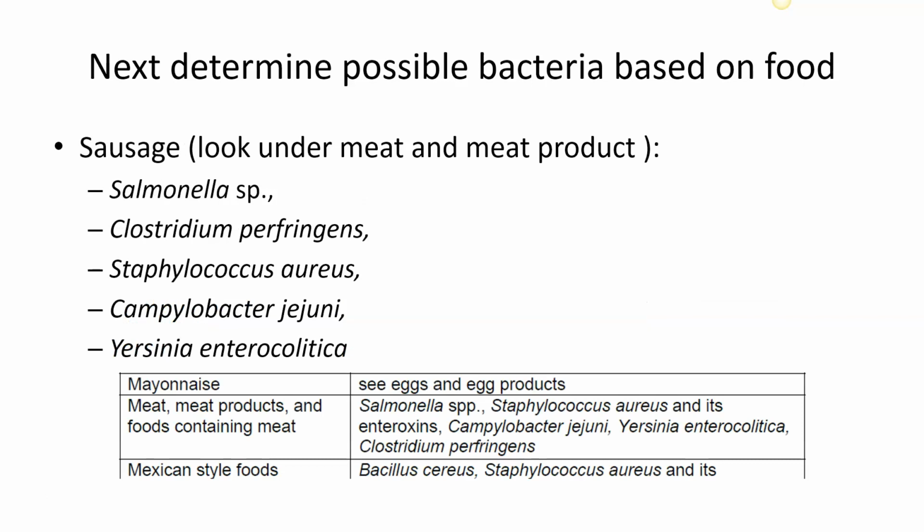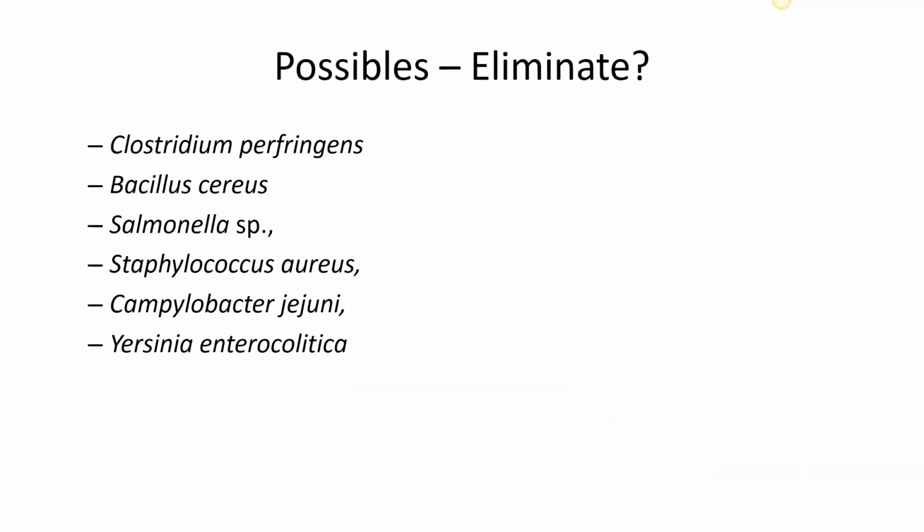And for sausage, look up under meat product. We've got Salmonella, Clostridium perfringens, Staph aureus, Campylobacter, Yersinia enterocolitica. So those are the common things that you would find in sausage. What we then do is pull all of these together: Clostridium perfringens, Bacillus cereus, Salmonella, Staph, Campylobacter, Yersinia.